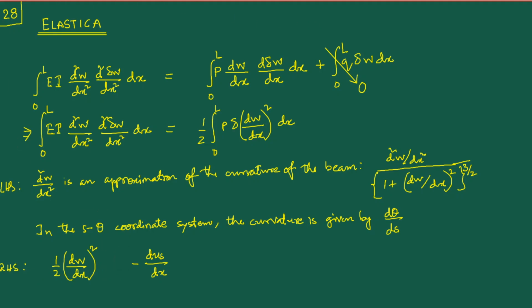Since this is equal to this, if I consider this integration from 0 to L, you note that immediately this thing is nothing but delta L. Okay, this is nothing but delta L.